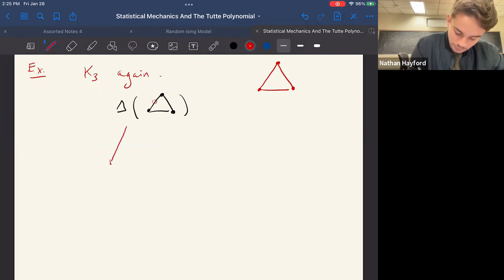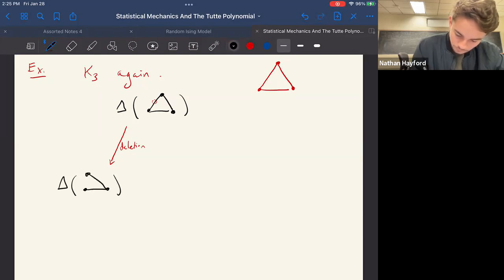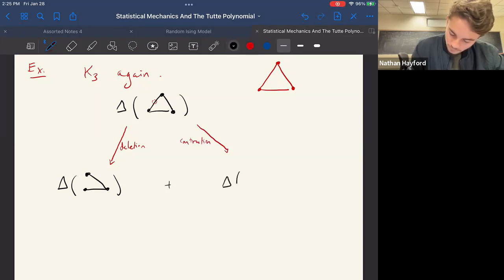Well, I can either delete this edge, and I get this graph, or I can contract the edge, and I get this graph. So those are the two operations.